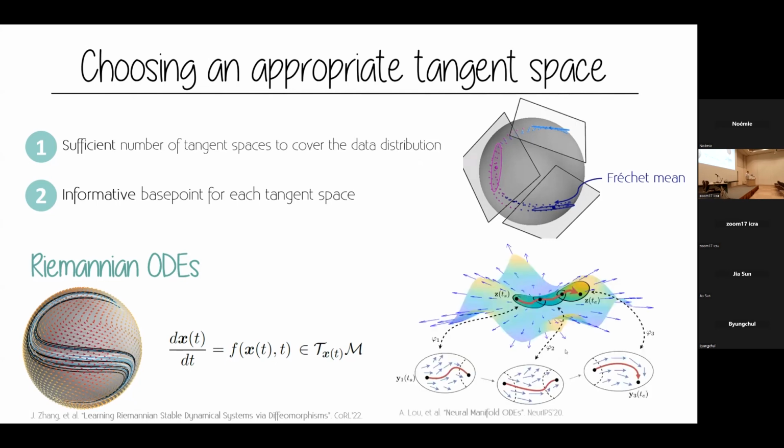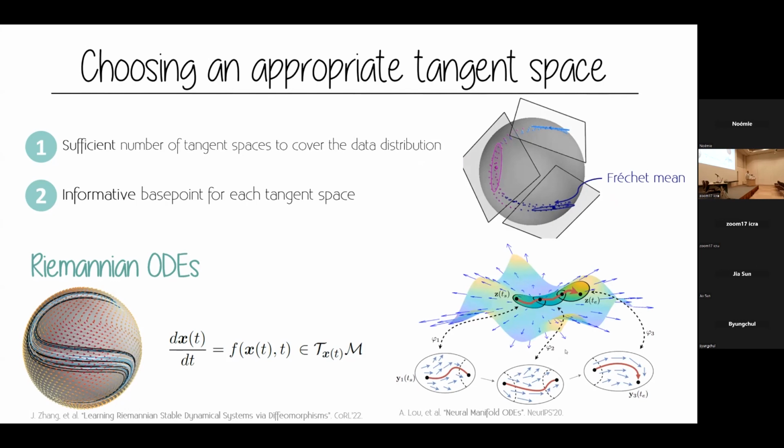Another way to think about the problem is using the notion of dynamic charts. You remember at the beginning of the talk, Noemi talked about charts and the atlas notion, and how we can exploit this notion of charts to define a chart using our log map, for example. This is a way to define a chart locally, roll out an ODE for a certain number of iterations, and then use the exponential map to go back to the manifold.